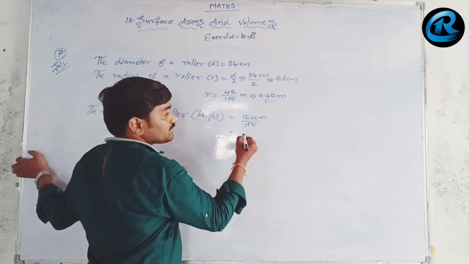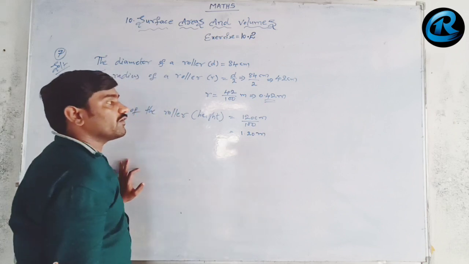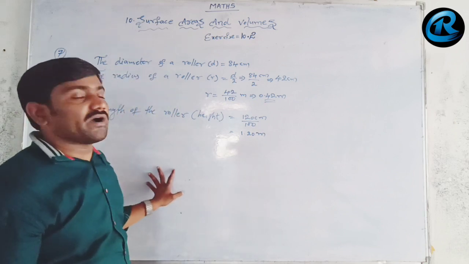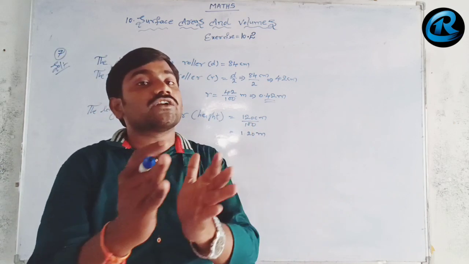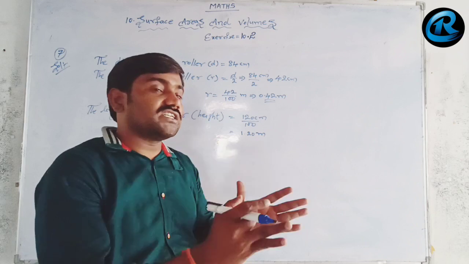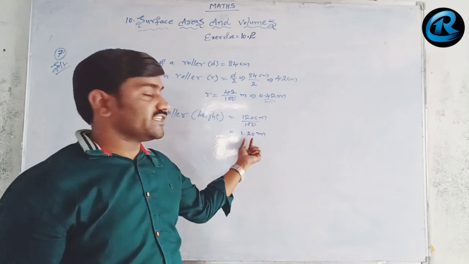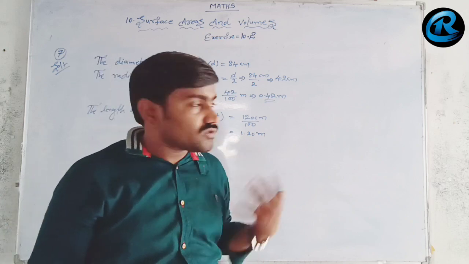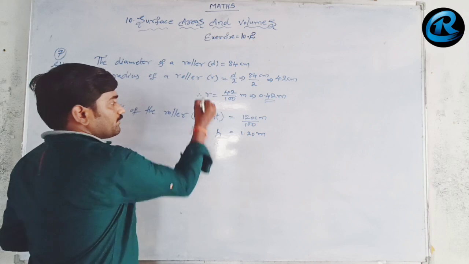So what we get here is 1.20 meters, or 1.2 meters. In 120 centimeters there are 100 centimeters and extra 20 centimeters. So 100 centimeters equal to 1 meter, plus 20 centimeters, is 1.20 meters. So we have the H value and R value.